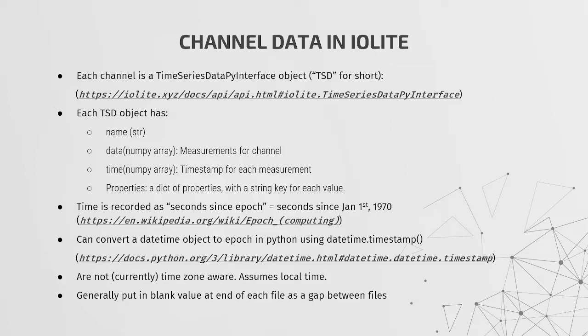One other thing to note is that we generally put in a blank value at the end of each file, 1 millisecond after the end of the file, just to show that that's the end of that file, so that the different files don't all join up looking like we have a continuous set of measurements. We put that little gap in so that you can see in the time series view where the files start and end.